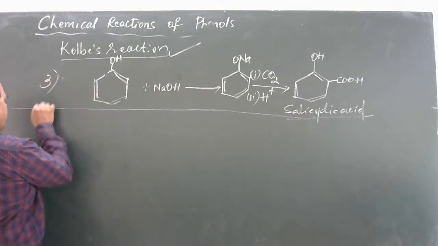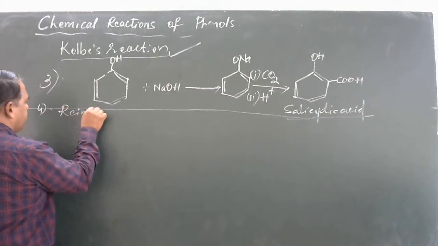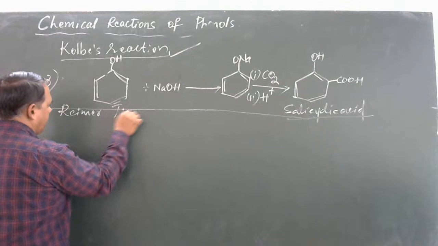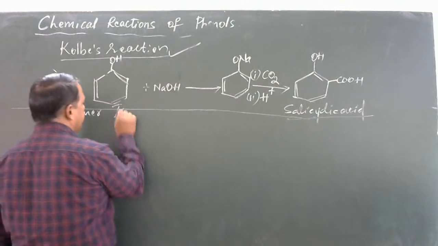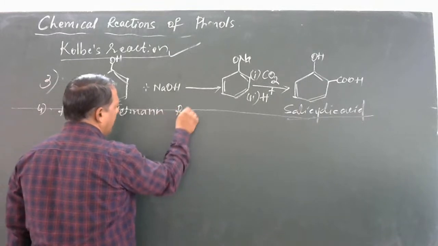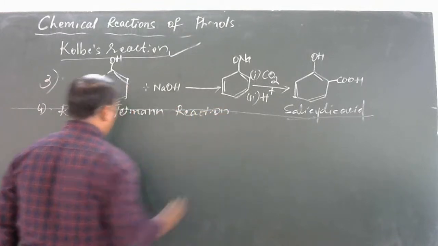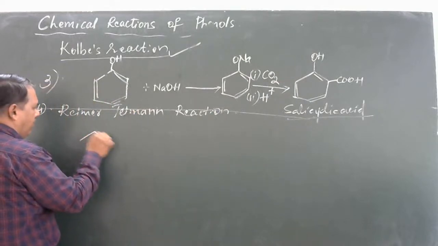And next we have to study the fourth important reaction, which is called Reimer-Tiemann reaction. See, it is again phenol.